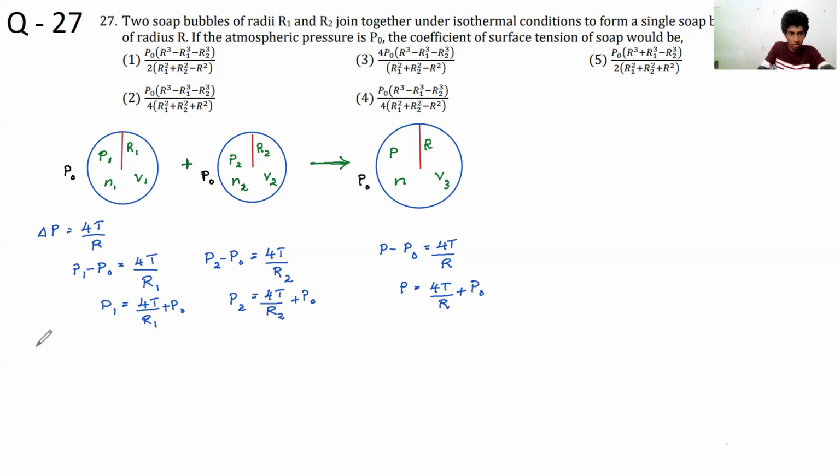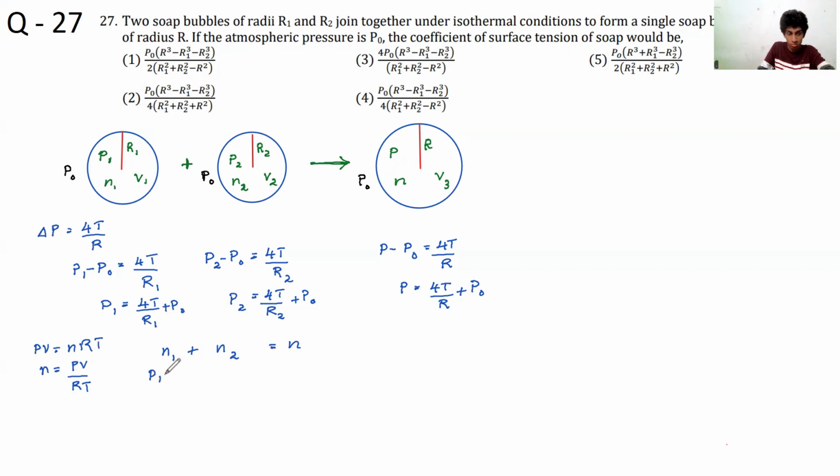Then let's apply PV equals nRT. So N is equal to PV over RT. Here the number of moles present within these two soap bubbles is equal to the number of moles present in the final soap bubble. Therefore, N1 plus N2 is equal to N. And we can replace N with PV over RT.